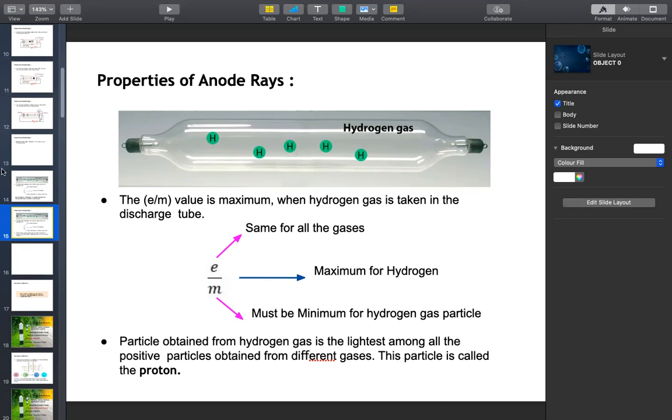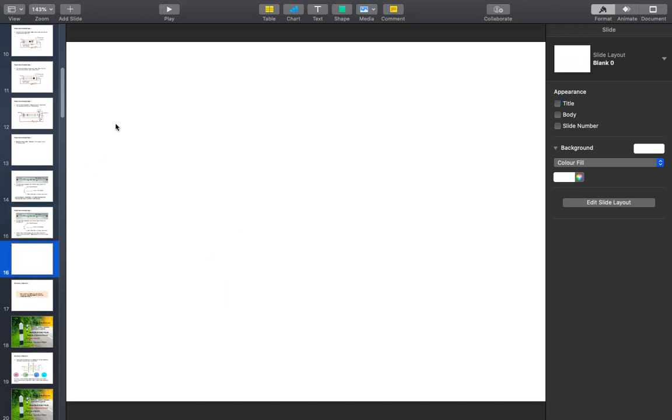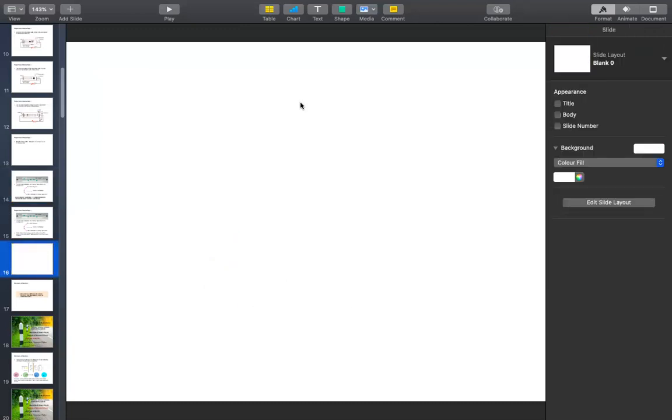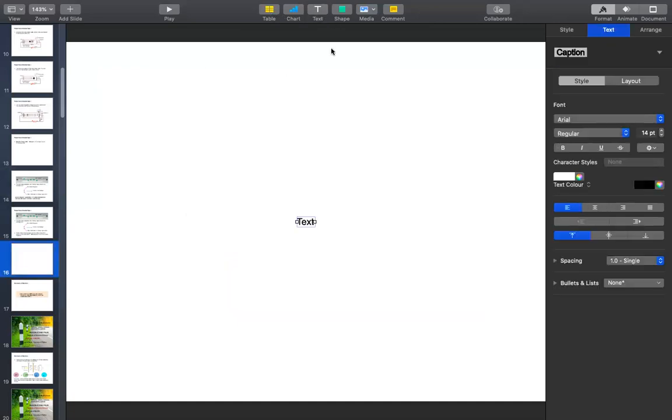So the next line, I will type it here. You need to write the same thing. Since we have found that hydrogen is the lightest particle, right?